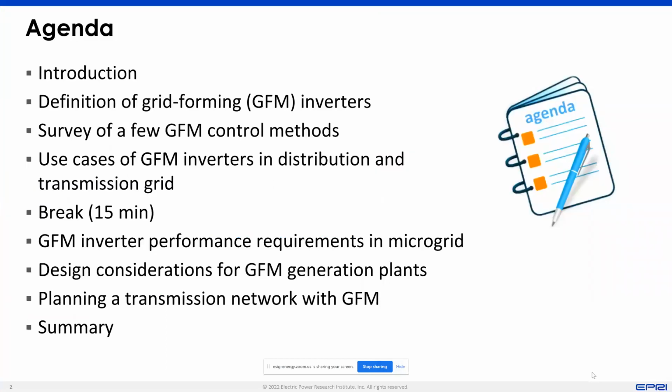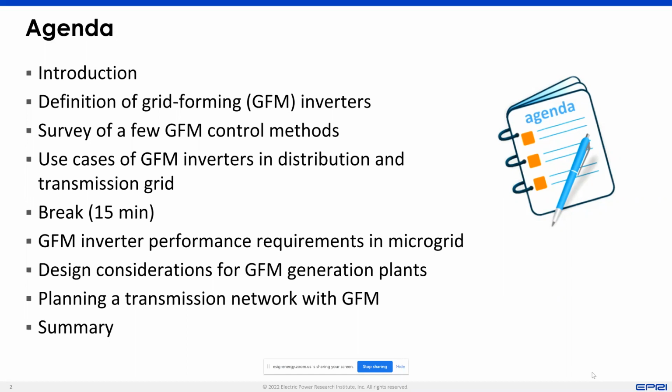So what we're going to cover today is essentially go towards in a staged manner, talking about what's the definition of grid forming, how do we specify requirements for grid forming, looking at some aspects from both transmission and distribution connected examples that we've been looking at. We've been doing work a little bit more on microgrid area to how to identify grid forming inverter requirements for microgrids, especially from a black start process.